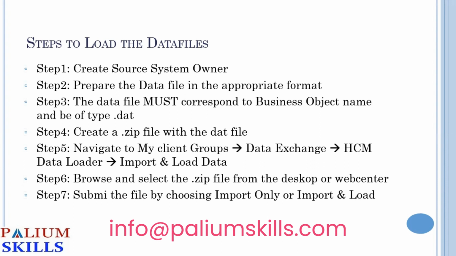Then you zip the file and load it into the application. Import and load data. Then you browse and select the .zip file from the desktop or the web center. And you submit the file by choosing the import only or import and load option.